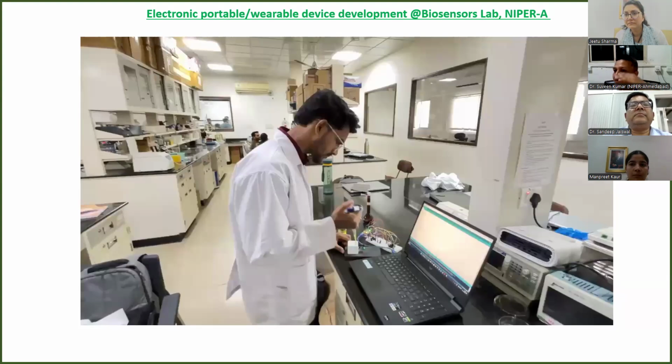If the current is very high, it can show even slight changes. When one molecule is immobilized, when one molecule binds with the bioreceptor, it gives drastic changes in the conductivity, and likewise when 100 molecules are immobilized.